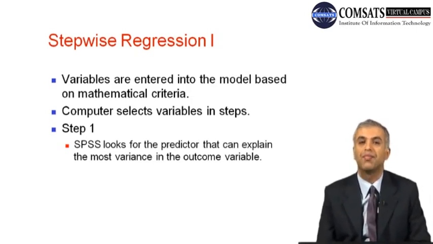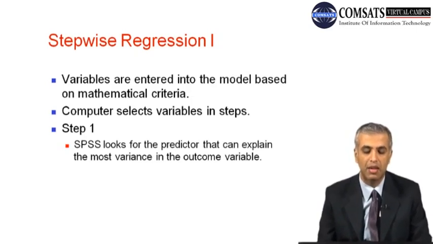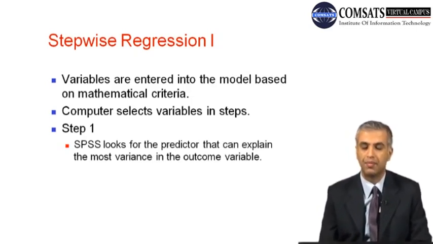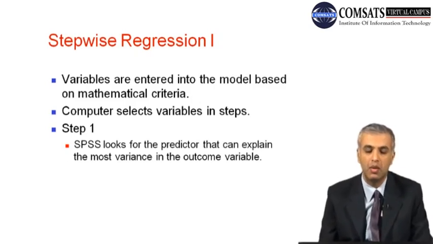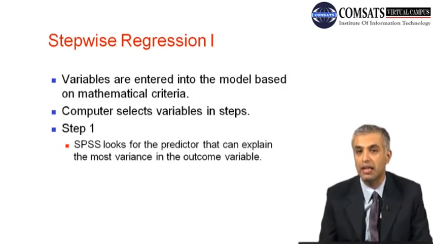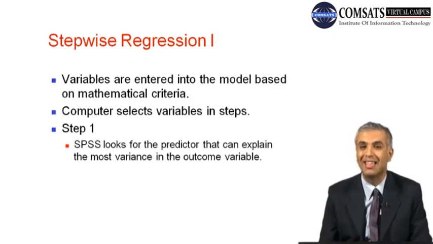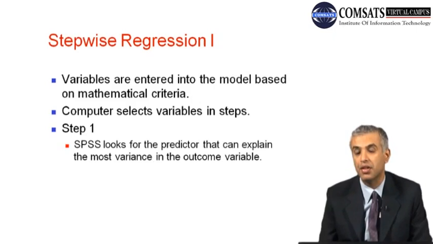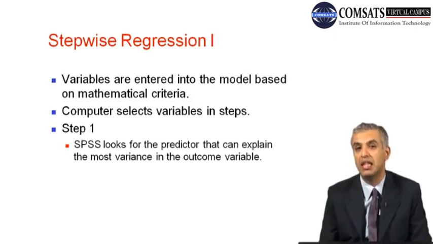Obviously, from the name of this method, it is evident that the selection of variables will be in various steps, and again the most highly correlated variable would be entered in the equation first. But in this case, the researcher will not have any control of this process, because the selection of variables to be included in the equation will be done automatically by the software.